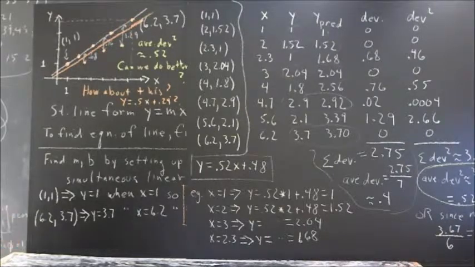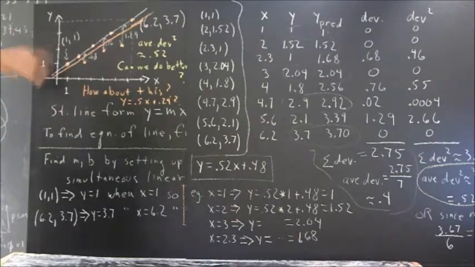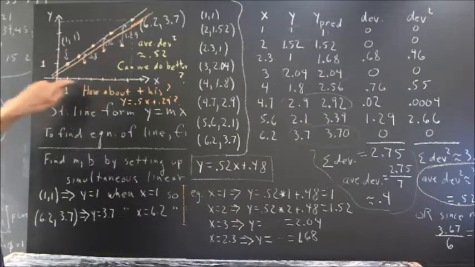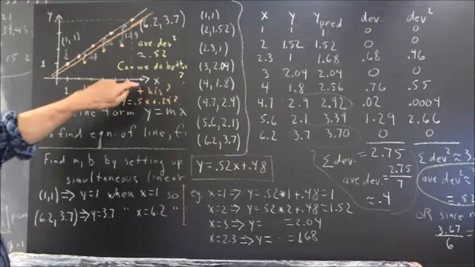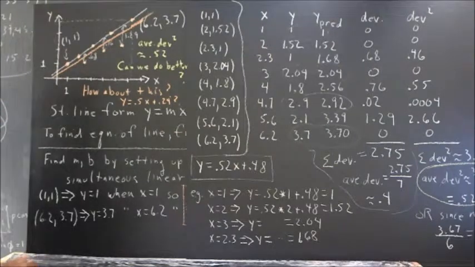Okay, now you should make your own estimate. And maybe you should make your own estimate by choosing 2 points on this line. And let's say no fair choosing the y-intercept. Let's choose some x-coordinate between 1 and 7, and estimate the corresponding y-coordinate.